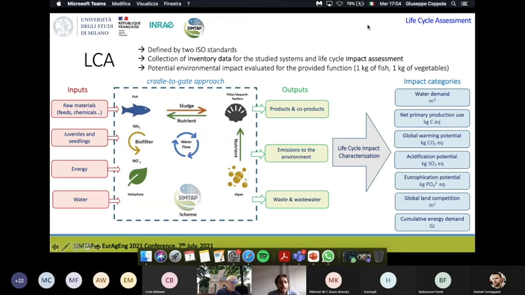In this particular case, by applying it to the SIMTAP systems, we are going to consider the inputs such as raw materials or energy. We are going to consider also the processes that are carried out within the SIMTAP system, and then the outputs, such as the products that are produced, the emissions to the environment, the waste flows. And then through the life cycle impact characterization phase, the environmental impacts divided into a series of impact categories will be estimated.